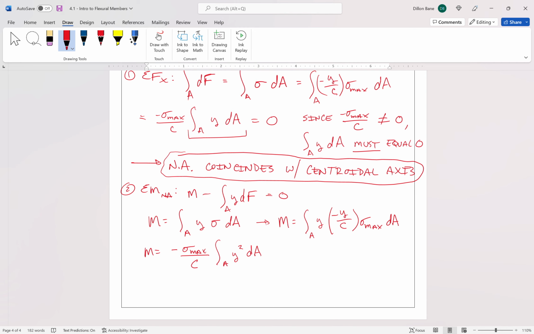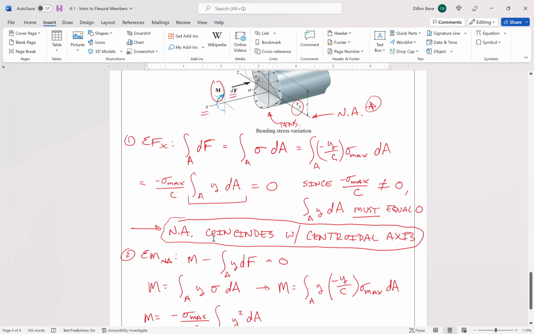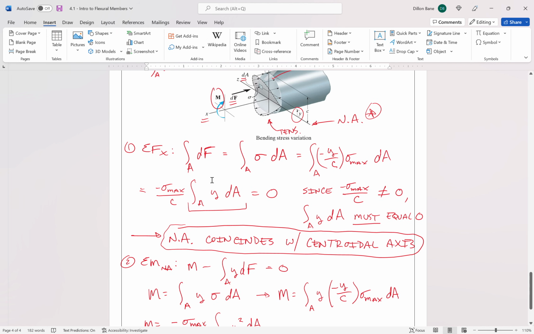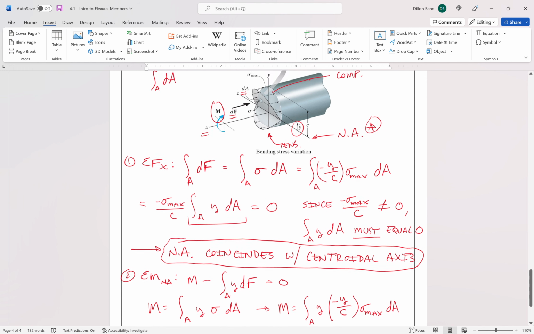If you will recall from statics, this is very similar to up here when we were summing forces in the x direction, where we had the integral over the area of y dA must equal 0, and that was the centroid equation.